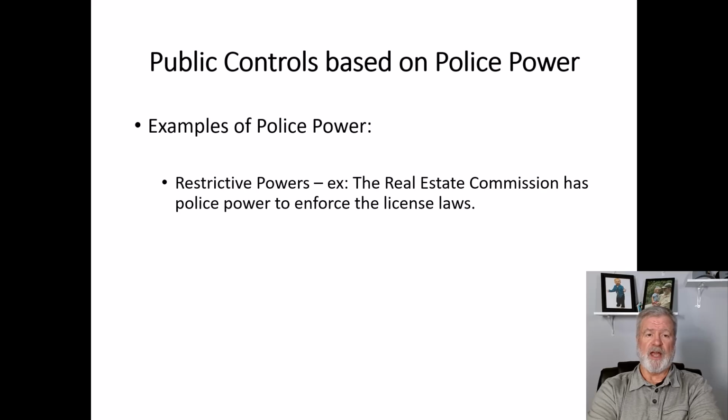And again, because they have this police power, they can take any action necessary to enforce the law. So if you don't comply with the law, they could suspend your license. They could fine you. They could revoke your license. There's any number of things they could do in order to enforce the licensing laws. That's one example of police power.